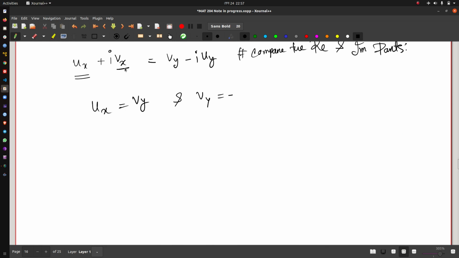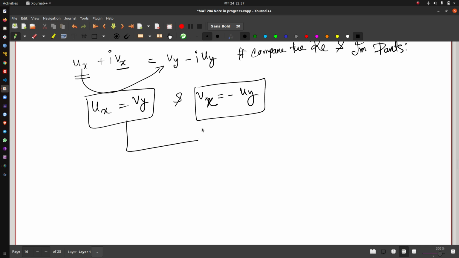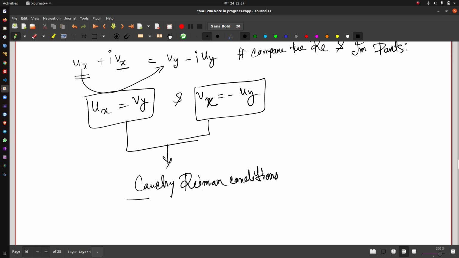So finally we can write Ux is equal to Vy. This is one of the conditions, and the other condition is that Vx is equal to minus Uy, and both of these conditions together are known as the Cauchy-Riemann conditions. So why bother with the Cauchy-Riemann conditions?